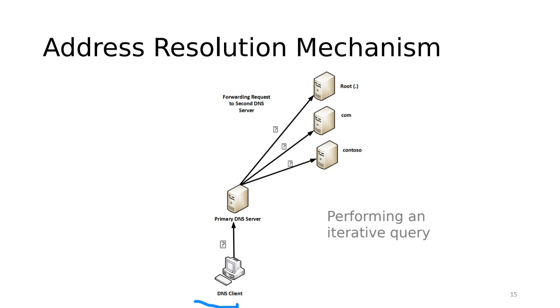Your request will go to the root. The root will say, I know where .com is. It will send it to .com, and then .com will say, okay, I know where Contoso is, and then Contoso will reply with the host. So it is iterative. You see how many times it is done? Any questions?